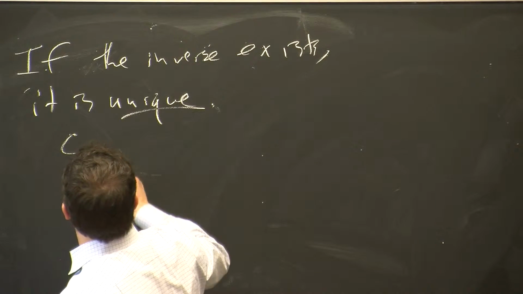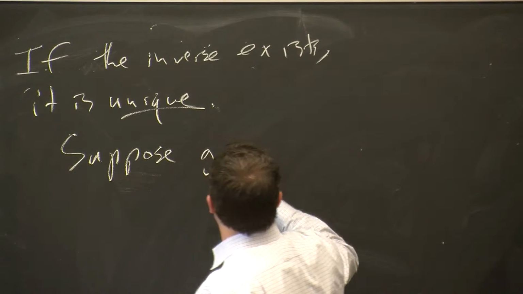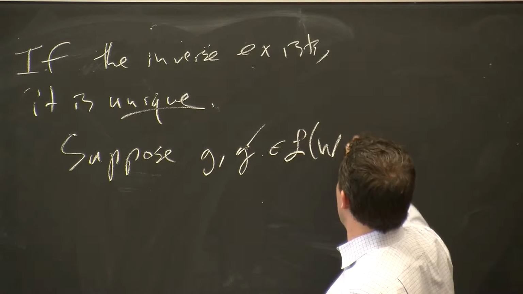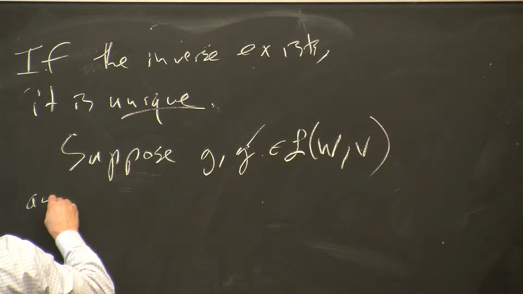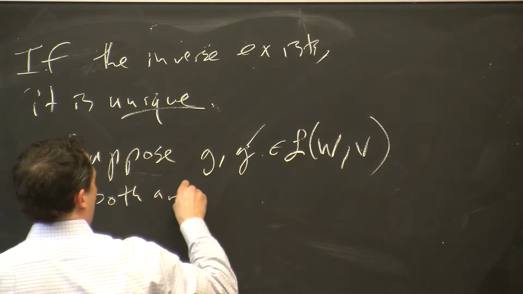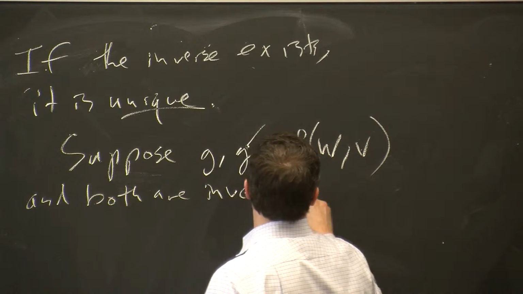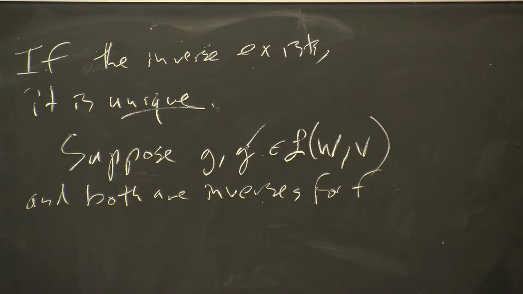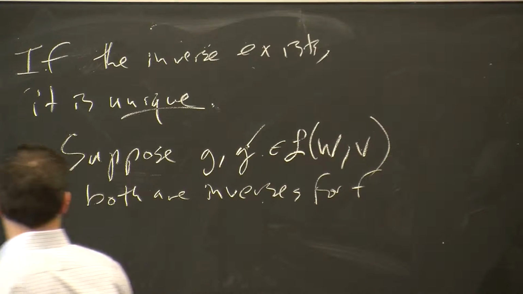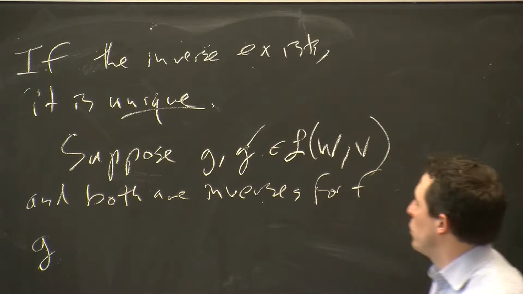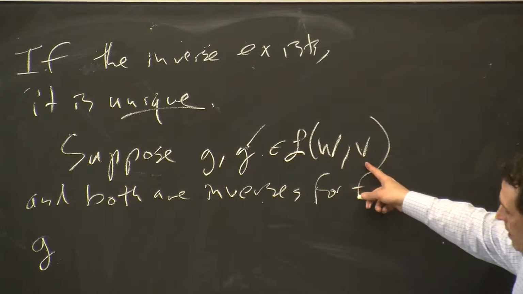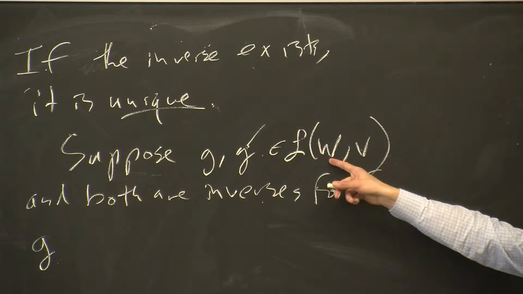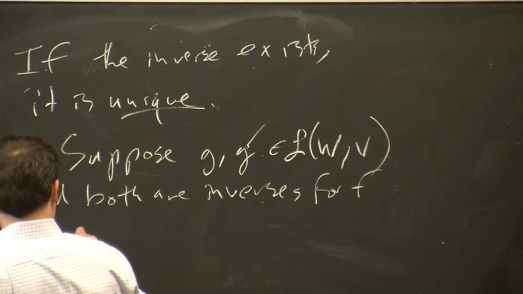Well, suppose we have two maps, G, G prime, that go in the opposite direction, and both of these maps, G and G prime, are inverses for F. Well, I can take this map G, which is a linear map from W to V. I can precompose it by first using the identity on W. That doesn't change what it is.